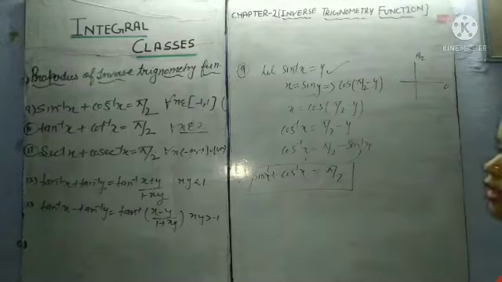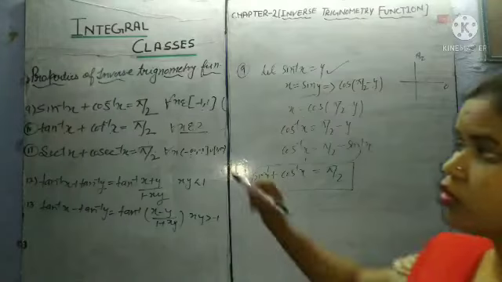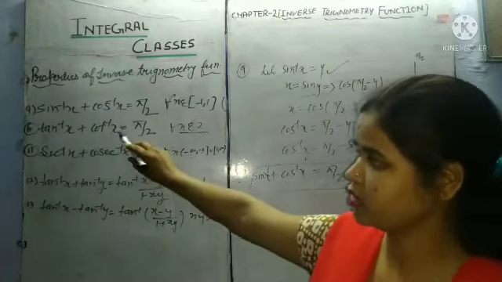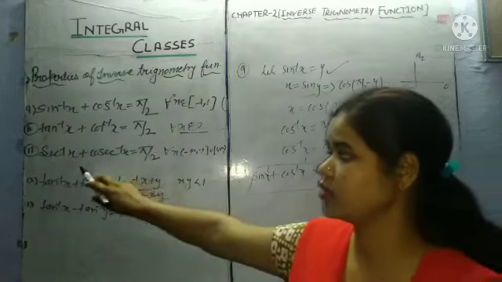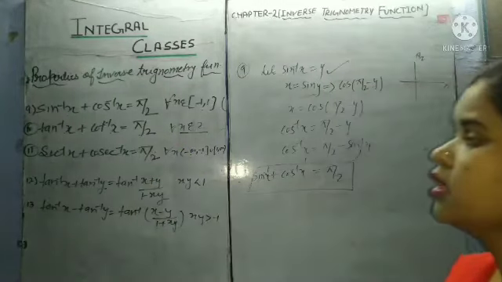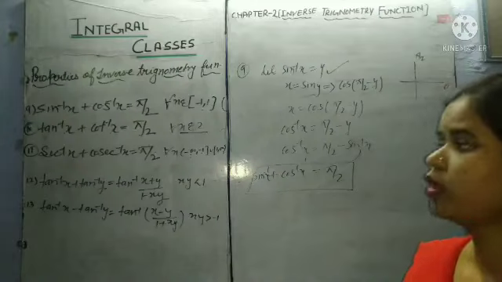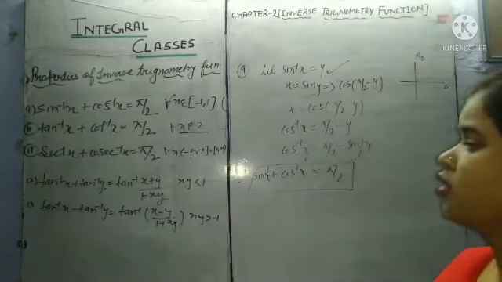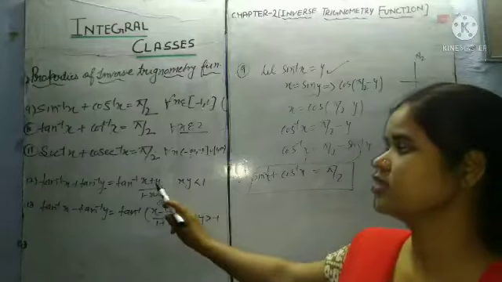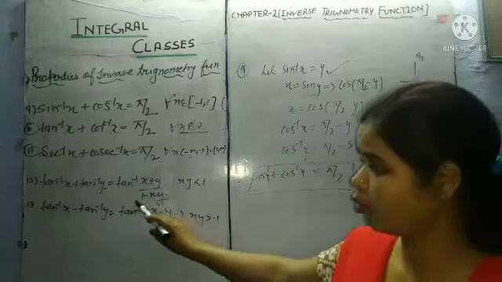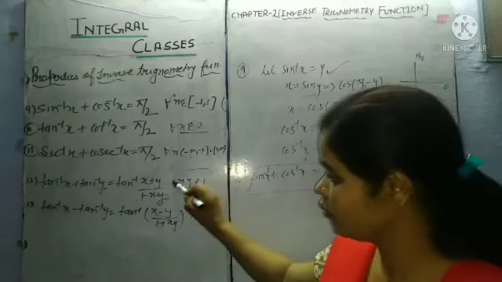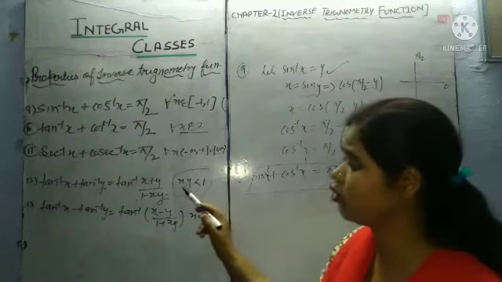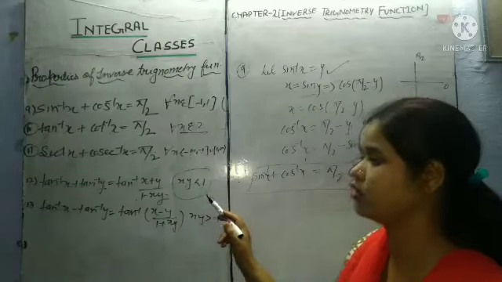Similarly, students, we can also prove tan inverse x plus cot inverse x equal to pi by 2, and sec inverse x plus cosec inverse x equal to pi by 2. Now property 12, tan inverse x plus tan inverse y equal to tan inverse of x plus y upon 1 minus xy, where we check that the product xy is always less than 1.